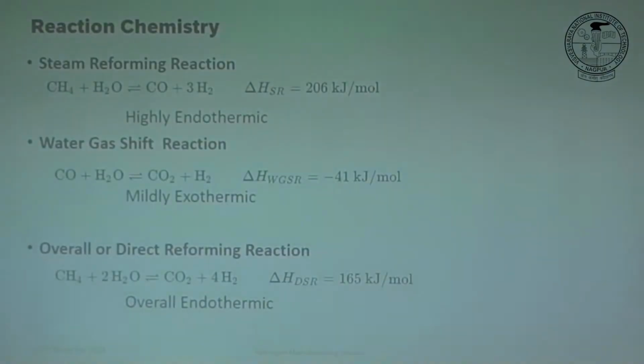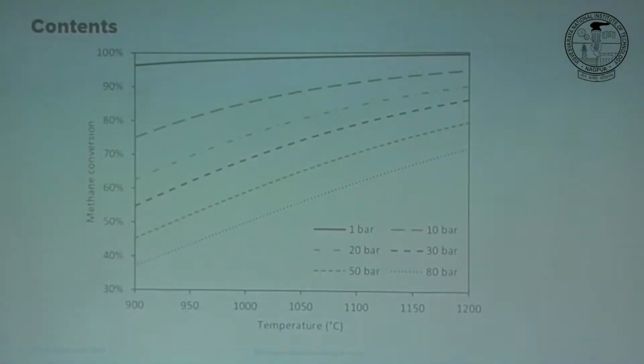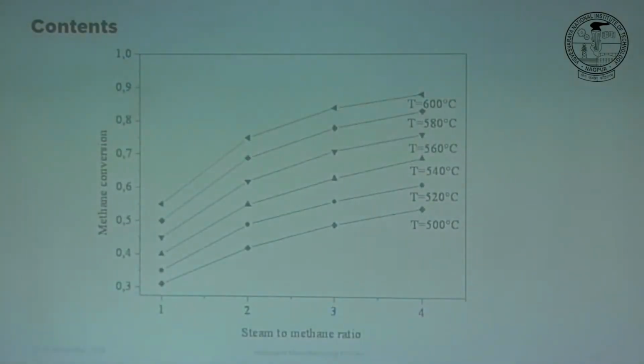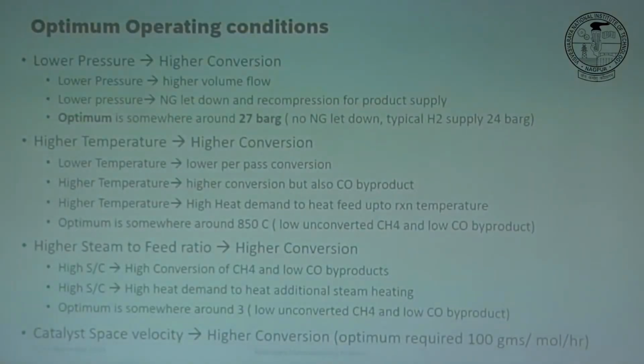That means the higher the temperature, the higher the conversion of this one, but for this reaction, the higher the temperature, the lower the conversion. Right? So that means if we select a very high temperature, it will have a lot of CO byproduct. Right?